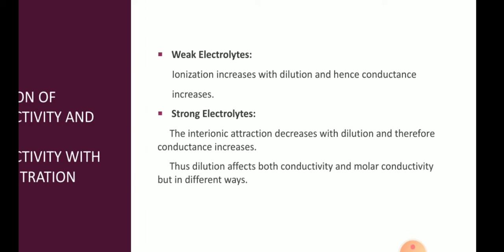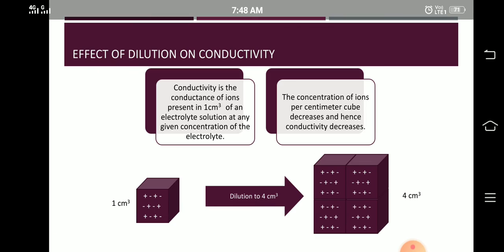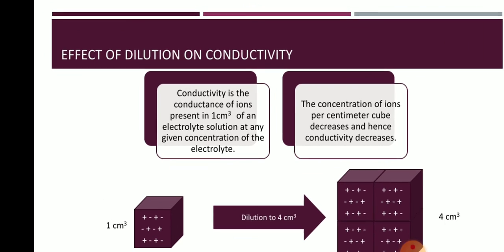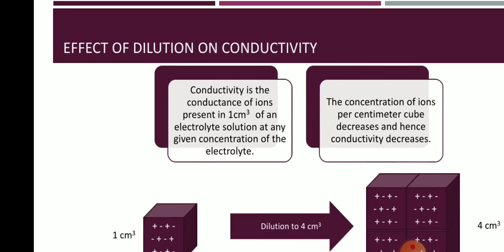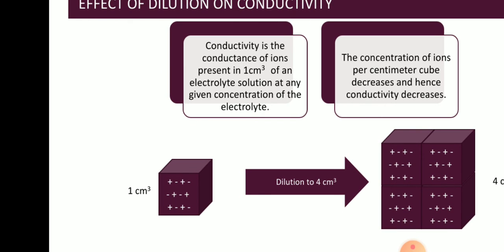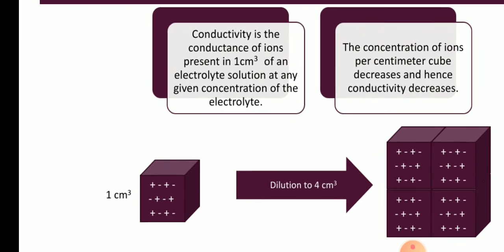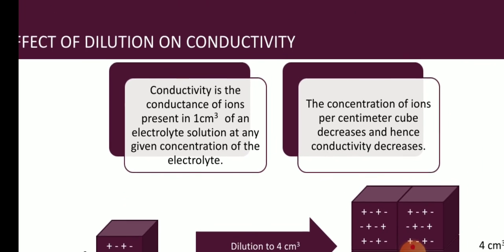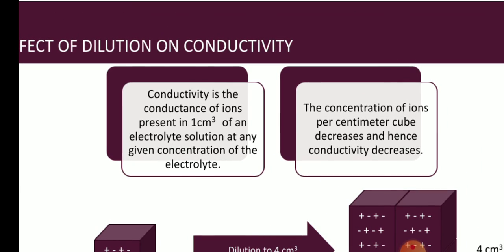Now, the effect of dilution on conductivity. Take the example of an electrolyte kept in a closed container whose volume is 1 centimeter cube. Conductivity is the conductance of 1 centimeter cube, as you already know.